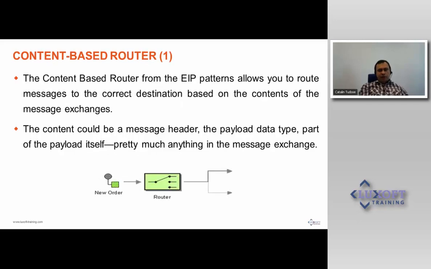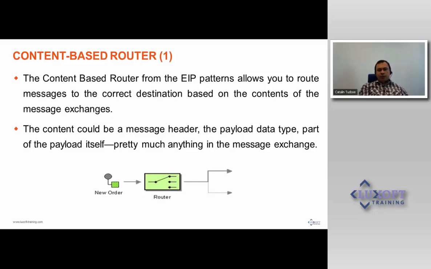Here we have a very common and very simple pattern. It is the content-based router, and as its name says, it will allow you to route messages to the correct destination based on their contents.